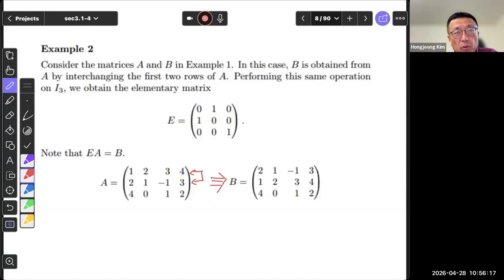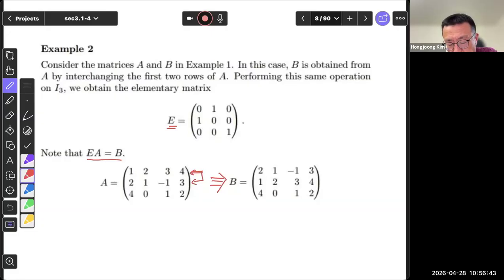Or you can perform the same interchange operation on the identity matrix to derive an elementary matrix E, and then when you multiply E to A, you get B matrix. So B can be obtained in two ways, okay?